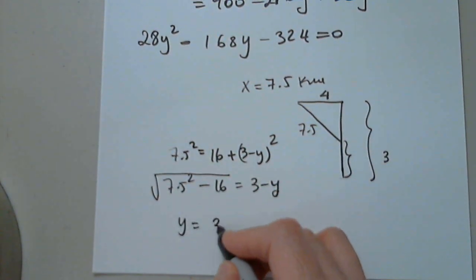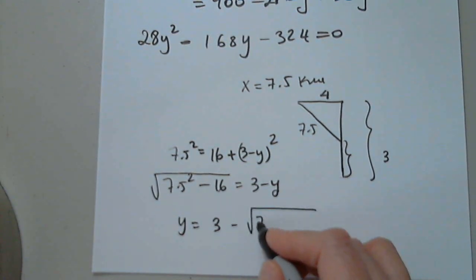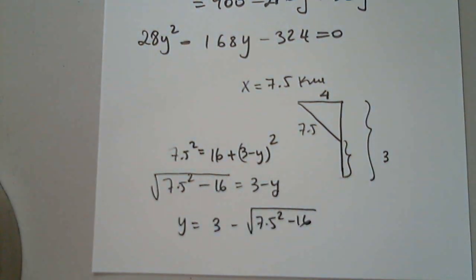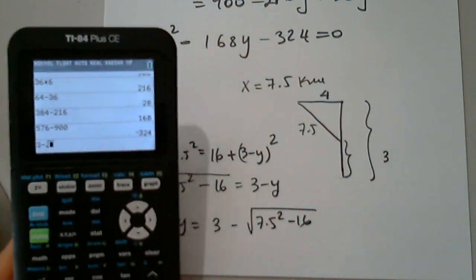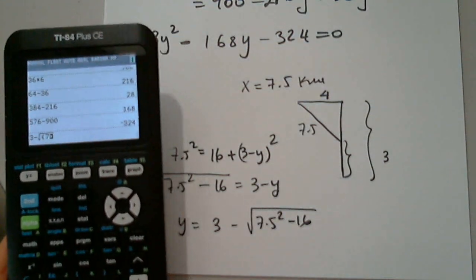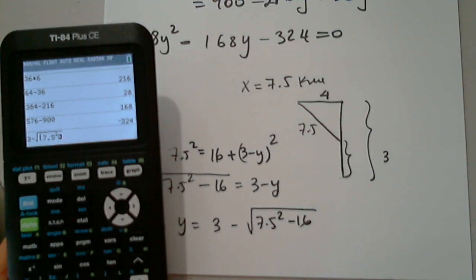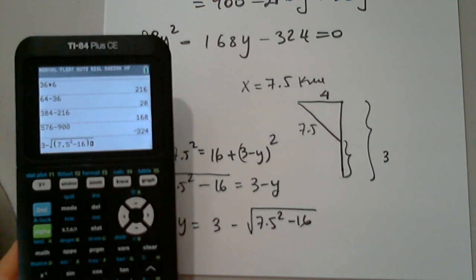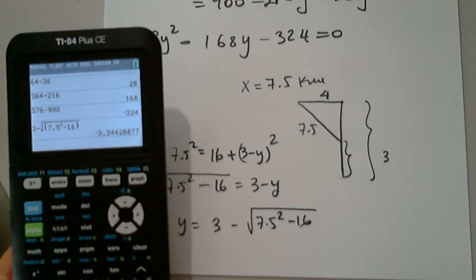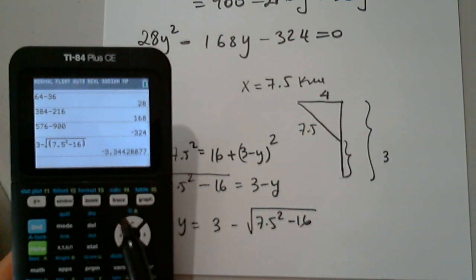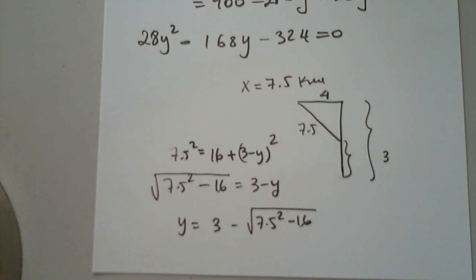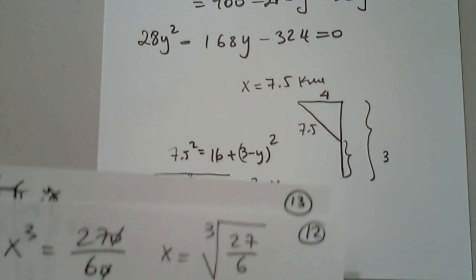So then y equals 3 minus this. Okay, so I just want to find this number: 3 minus the square root of 7.5 squared minus 16. Okay, so I do have an error because my y is negative, so that's not possible. Now I'm convinced that I have an error somewhere.